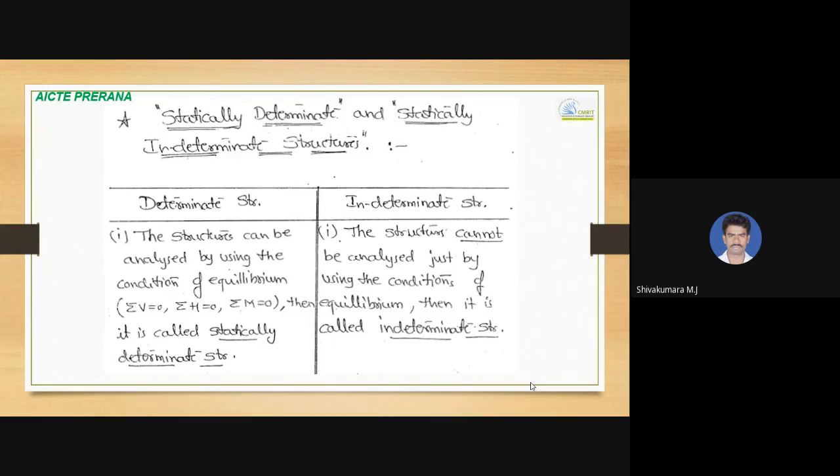In place of summation of V and summation of H, other notations like summation of Fx and summation of Fy can be used. Such structures are termed statically determinate structures. And those structures which cannot be analyzed by using only these three conditions of equilibrium are said to be statically indeterminate structures. However, these structures can be analyzed by some other methods and also by using compatibility conditions.